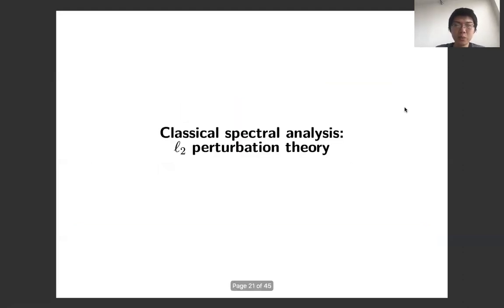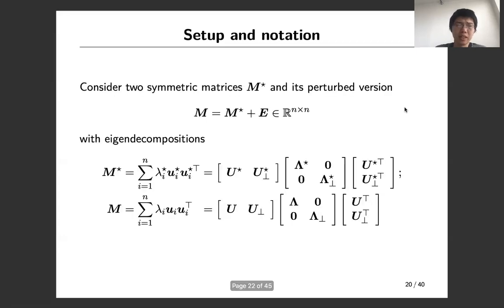To understand this, we first introduce the classical spectral analysis, the L2 perturbation theory. Before we formally state the theorem or the perturbation bounds, let me give you a bit of setup and notation. We will consider two symmetric matrices, M star and its perturbed version M. Here M is just a superposition of the true matrix M star and the symmetric noise matrix E. They will have the eigendecomposition as follows.